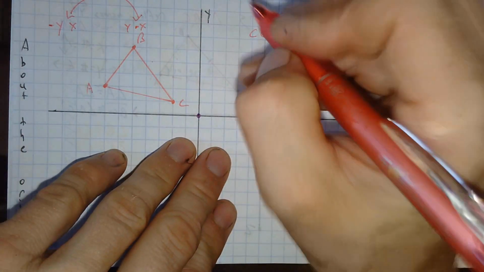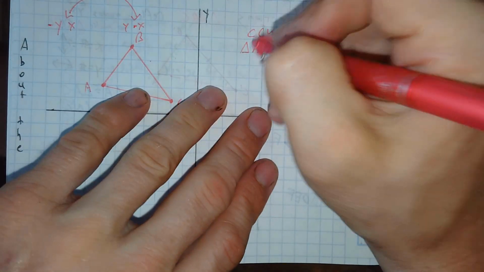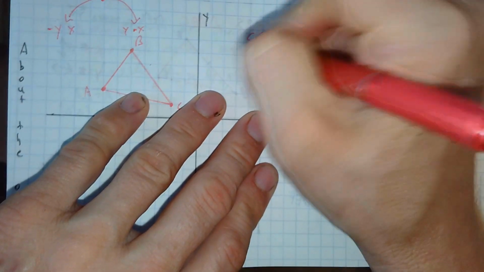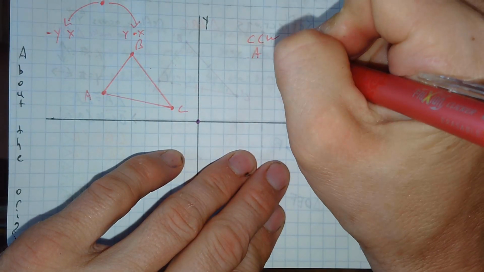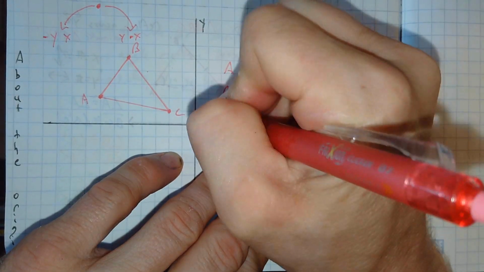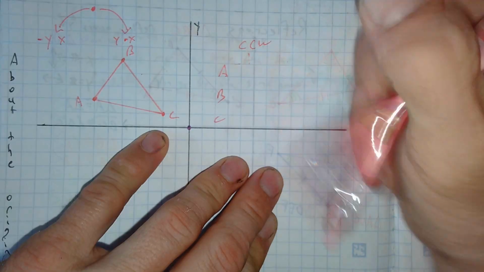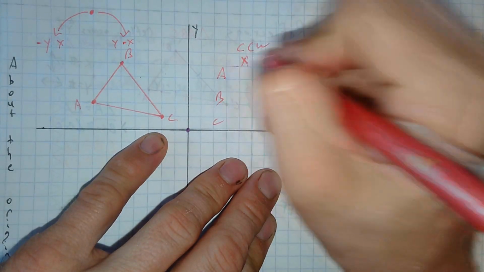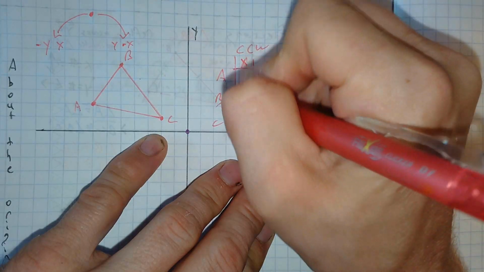All right, let me look at triangle A. Well, let's just do it like this. Okay, so my point A, my point B, and my point C. There we go. That's probably better. All right, and then my X and my Y for those respectively.